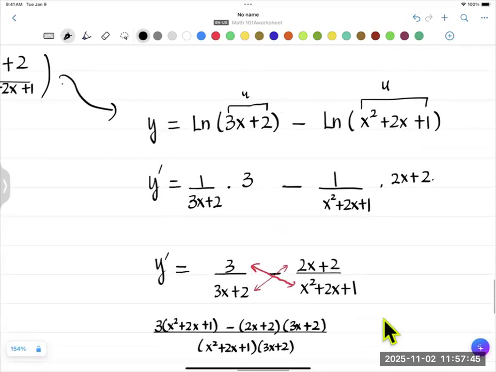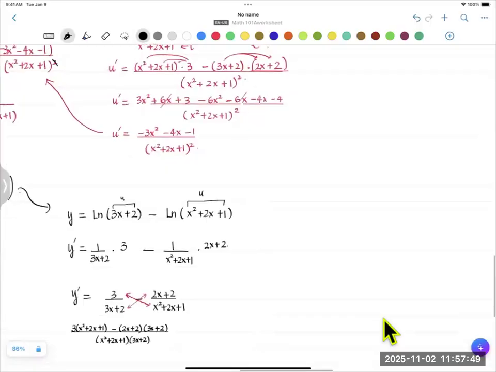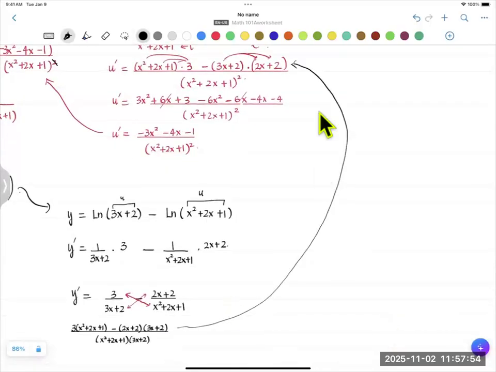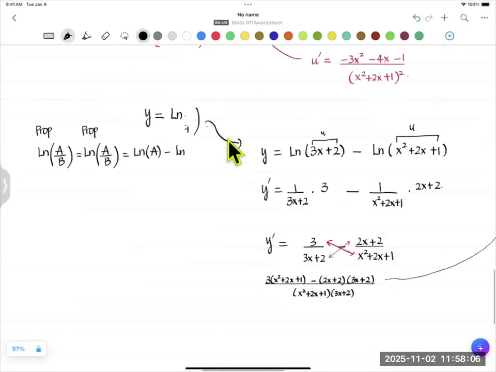Okay, when you expand the numerator, you will see that it's actually this thing right here. They are the same thing. So the result should give you the same answer if you expand it. Or you can leave it at this step. Then you don't have to get stuck with the quotient rule. Okay, so this is something that I want to mention here.